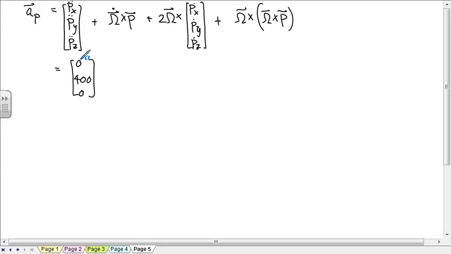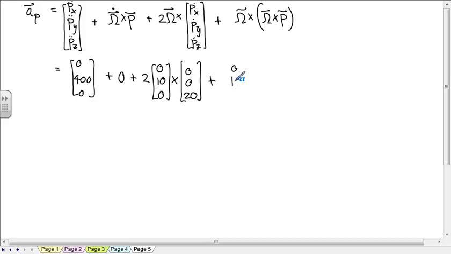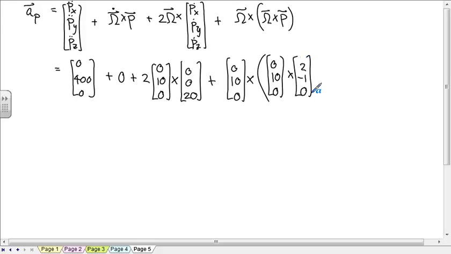So 0, 400, 0 plus 0 for this one. This one is, so we have 2 times 0, 10, 0 crossed with 0, 0, 20, plus 0, 10, 0 crossed with 0, 10, 0 cross 2, negative 1, 0.